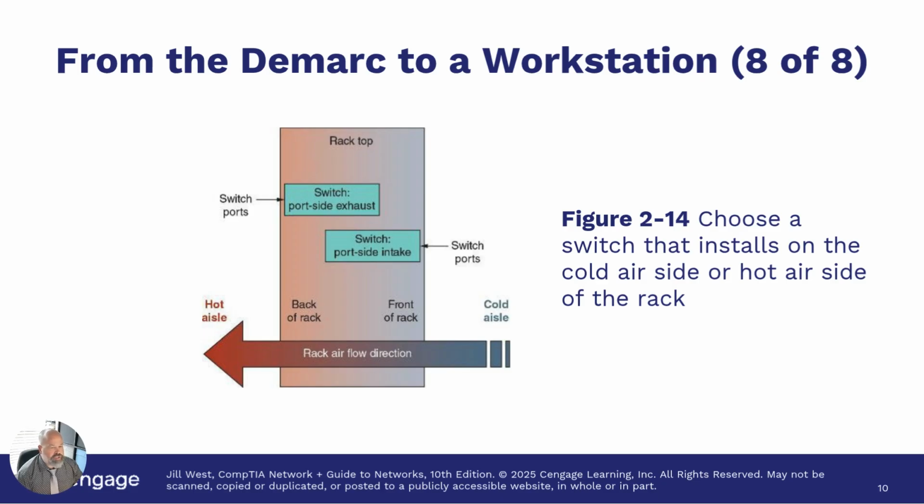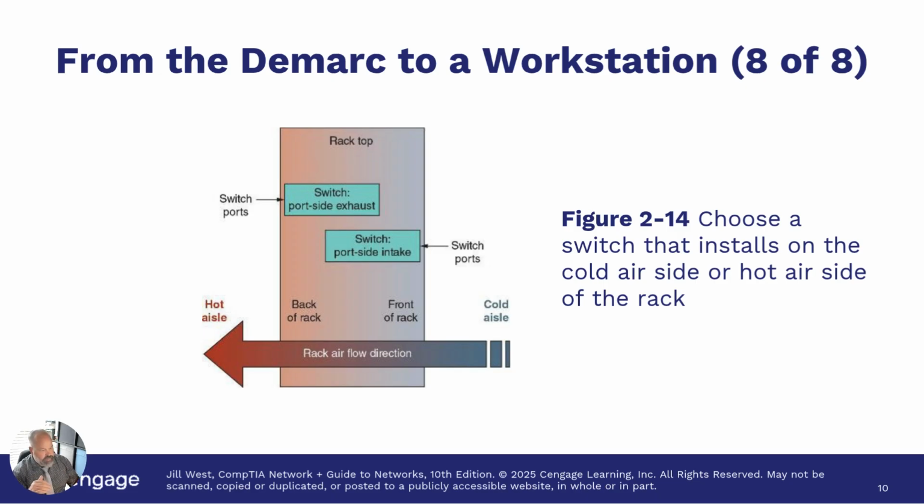This slide talks about something that most people still don't think about, and that's the way that air flows through a rack, and specifically through a switch, because some switches are designed for port side intake, which means the switch is meant for air to hit the ports first and then exhaust out the other way. And then some switches are backwards.